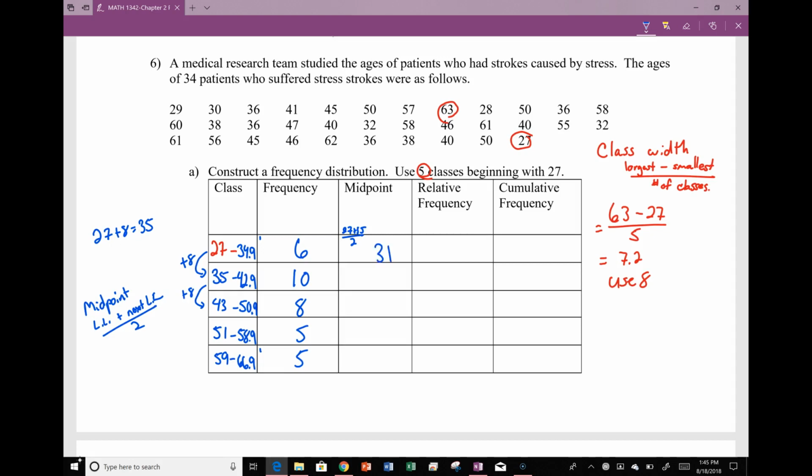And I get 31. I'm going to take 35 plus 43 and divide by 2 and get 39. You go ahead and pause the video and plug in the remaining midpoints.